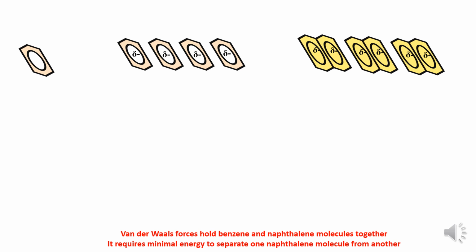Now the ring what you see at the center is a symbolic representation of the delocalized pi molecular orbital, representing the pi electron cloud above and below the plane of the ring. And therefore the density of the negative charge or the electrons is much greater at the center of the ring, rather than at the terminal ends. So at the terminal ends of the aromatic rings, you will find the hydrogen atom with a partial positive charge because of their low electronegativity values.